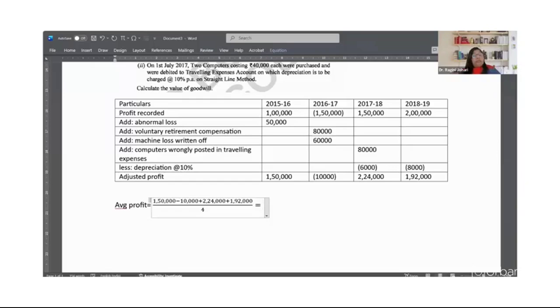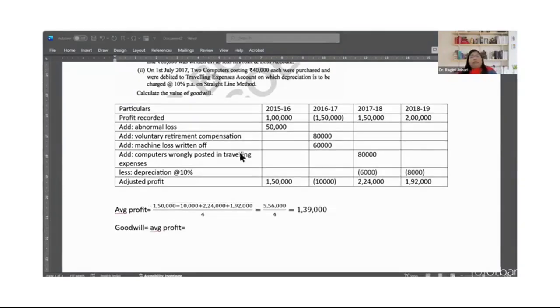Let's do a quick calculation very quickly. So this is 1,50,000 plus 2,24,000 plus 1,92,000. This comes to 5,66,000 minus 10,000. This comes to 5,56,000.